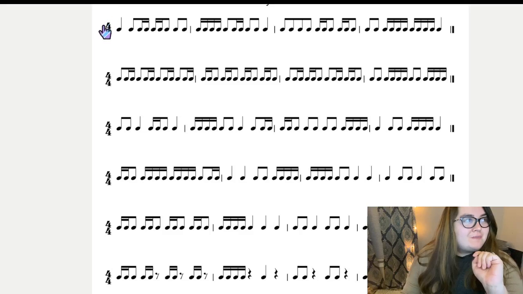We got 4 beats in a measure, and the quarter note gets the beat. So we got 4 beats here. We have 1, 2 and a, or you can think 1 hamburger. So we got 1, 2 and a.